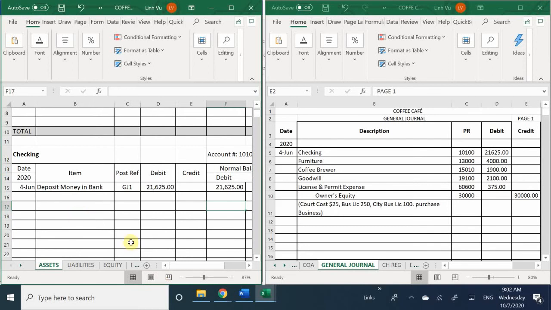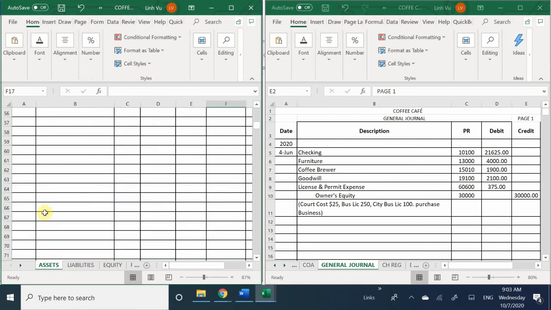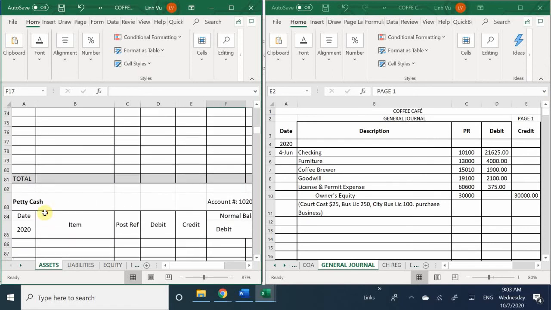Next one is going to be furniture. Now you have a few options. You can scroll down and look for your accounts. Every single account has its associated account number on it, so you can search by account number.